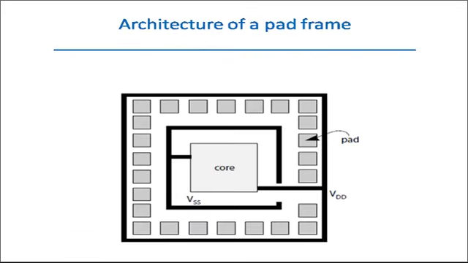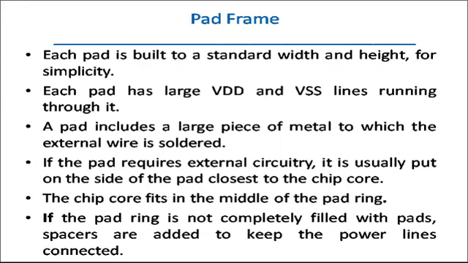Here this shows the pad frame. Internally, you will find a core logic, and surrounding the core logic you will have the pad pins. These are the I/O pads. In this pad frame, each pad is built with a standard width and height for simplicity.